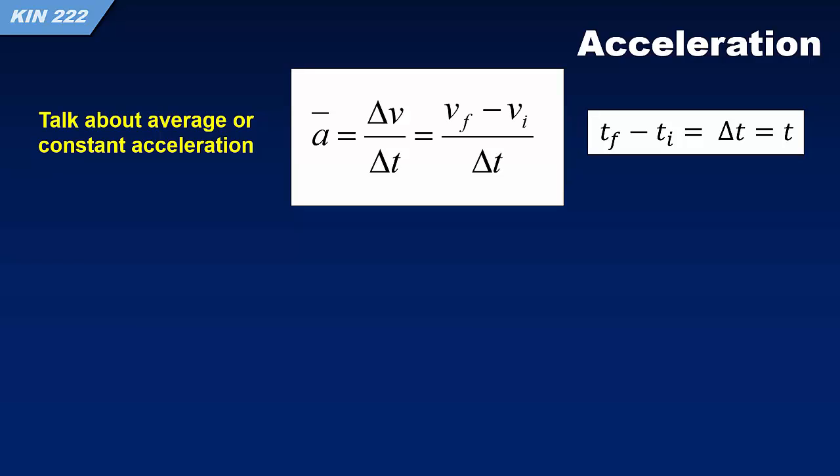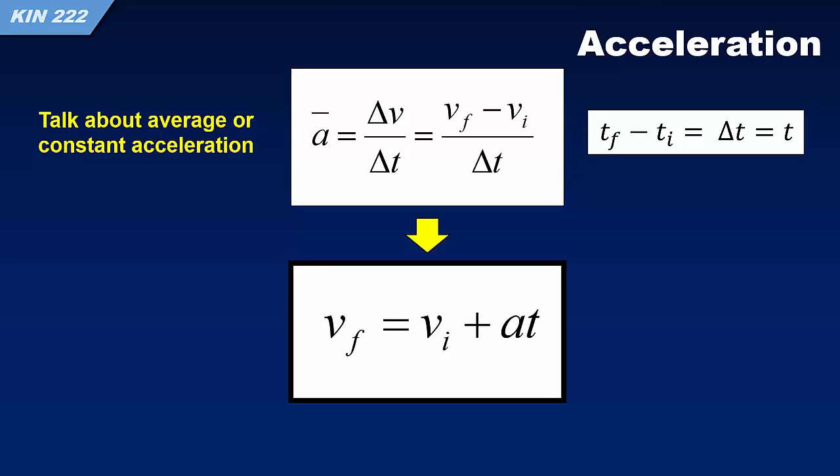So if we take this acceleration formula and rearrange it by multiplying both sides by delta t, or by t, we can rearrange that formula to look like this. So we can say that the final velocity is equal to the initial velocity plus the acceleration times time. And this forms the basis of our first formula.